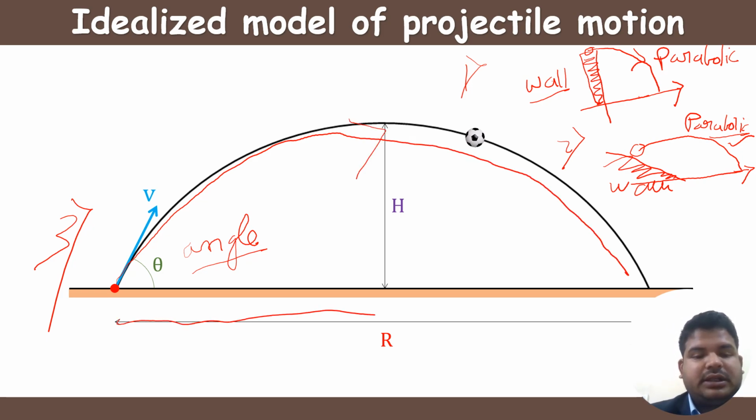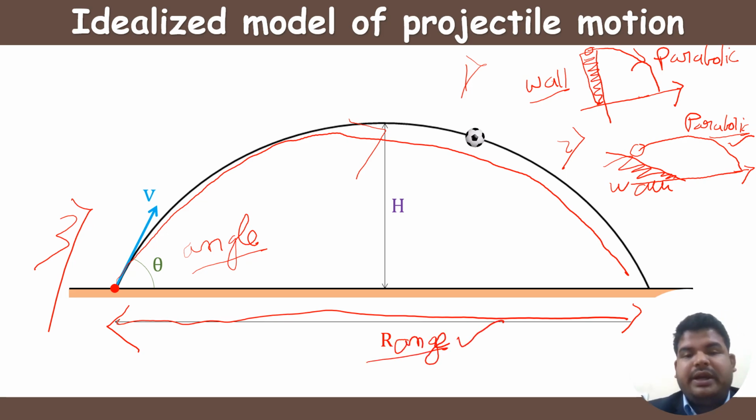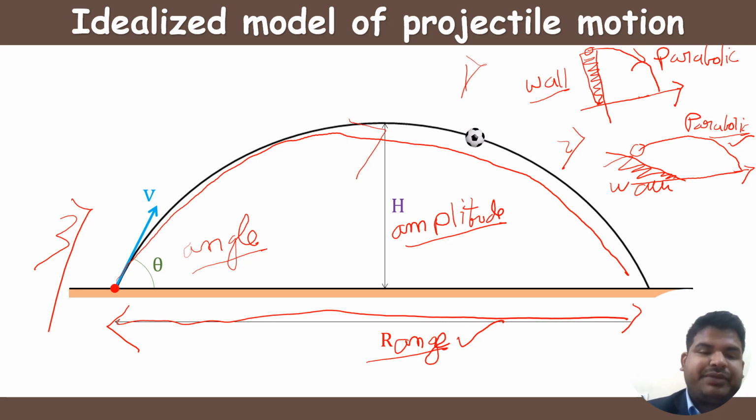This is the range of a ball which we can throw or kick. And this is the amplitude, the maximum height the ball goes up. And this is the velocity.